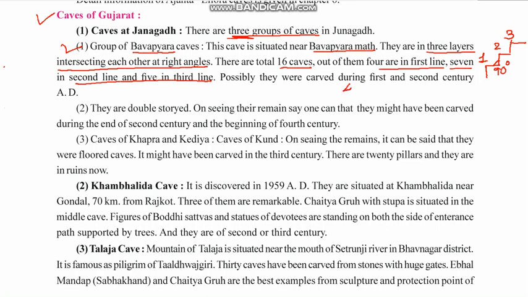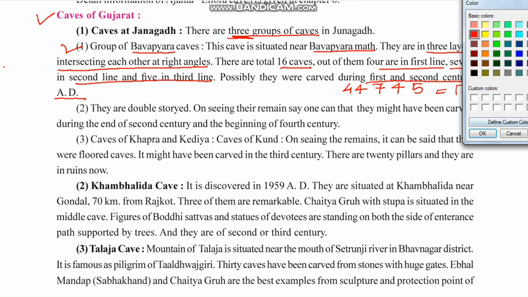So 4 plus 7 plus 5 makes 16. They were carved in the first and second century AD, so they are almost 2000 years old.